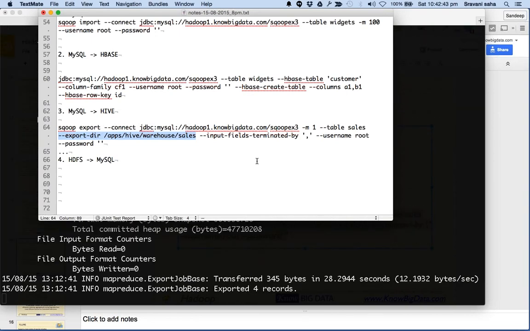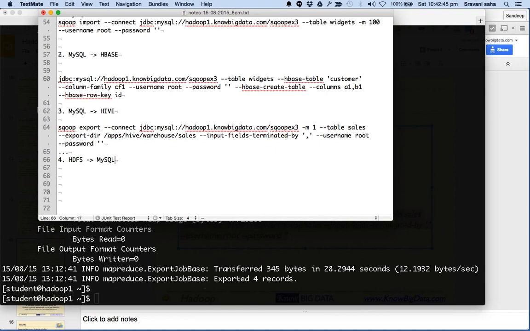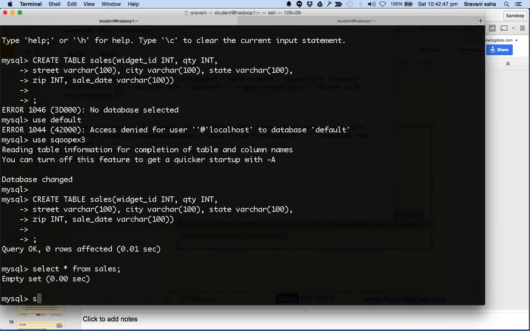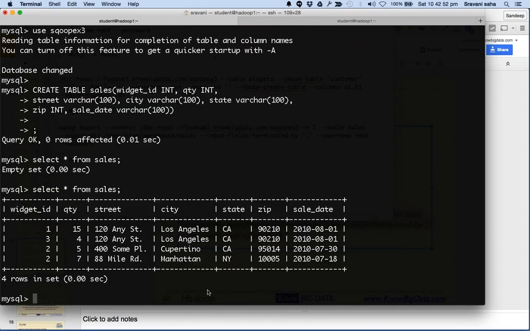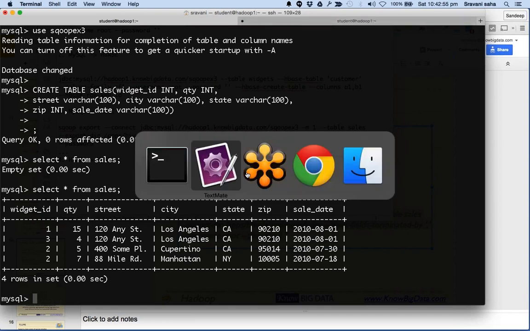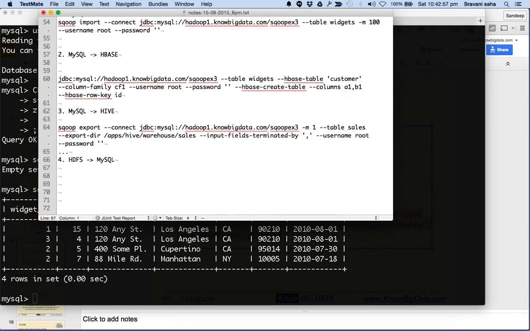Okay, so the data has been copied. Now you can go back in MySQL and check, select star from sales. You can see that the data has been copied from this HDFS directory to our MySQL.